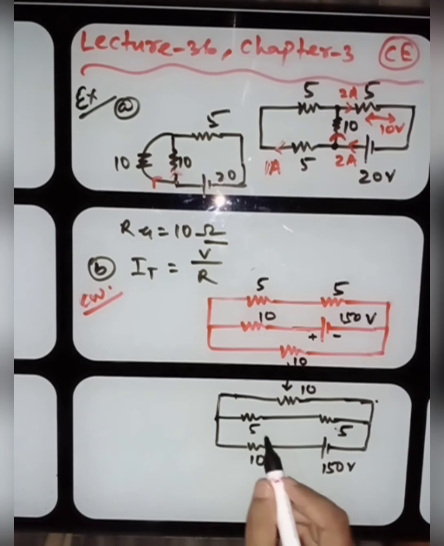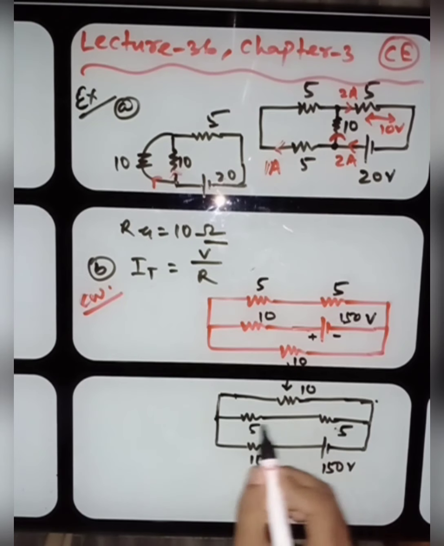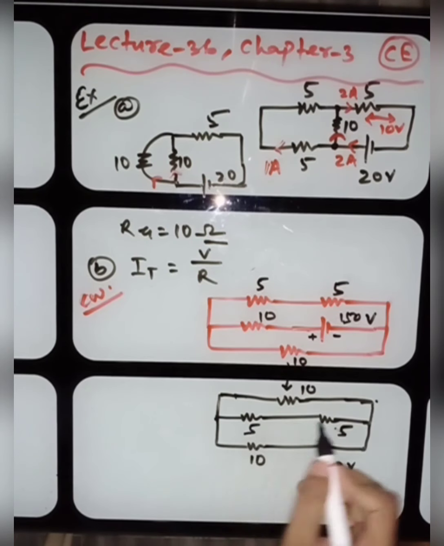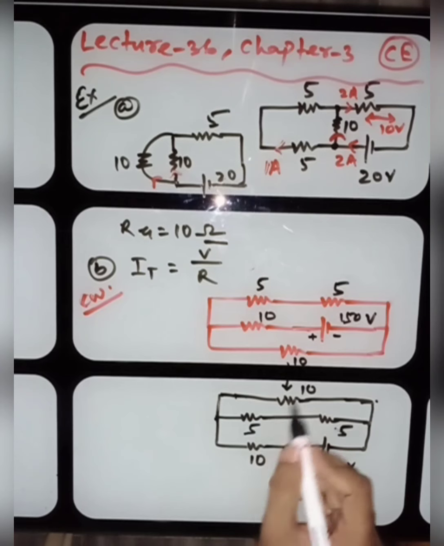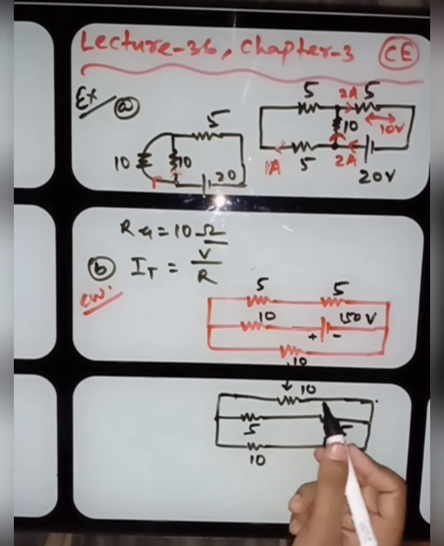Look here. These two are in series and then in parallel with this 10 ohm. If these two are in series, 5 plus 5 is 10, and 10 in parallel with 10 is 10 times 10 by 20, which is 5.